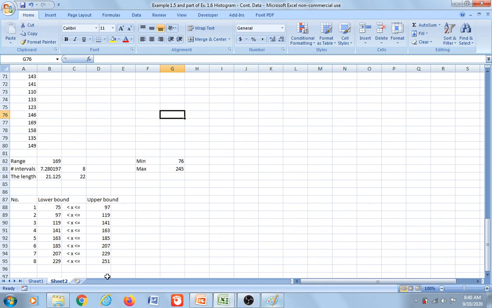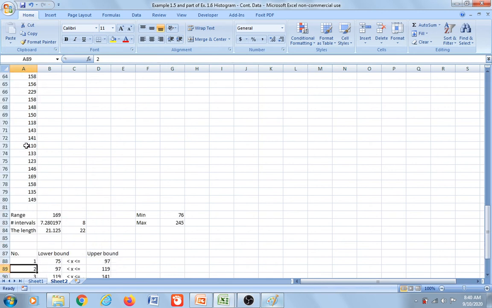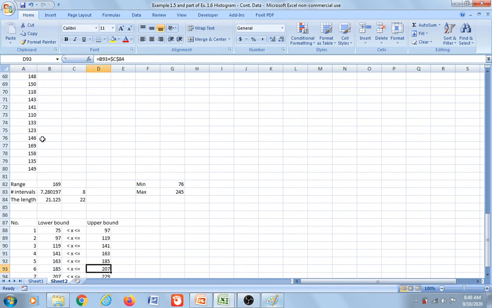Here we can see the upper bound of the last interval is 251 and the maximum value is 245.